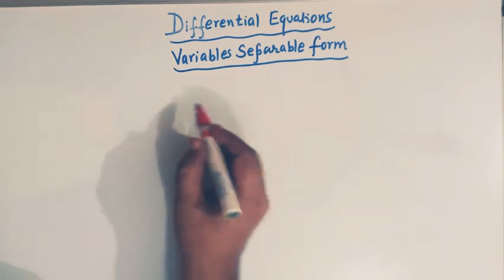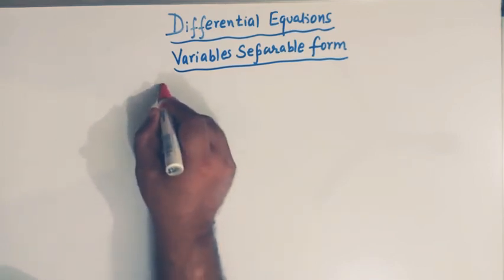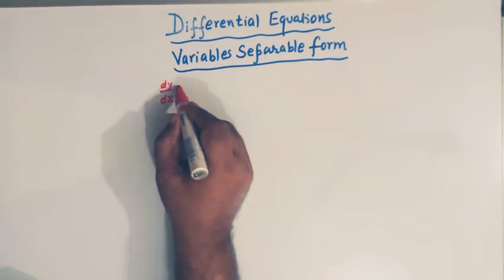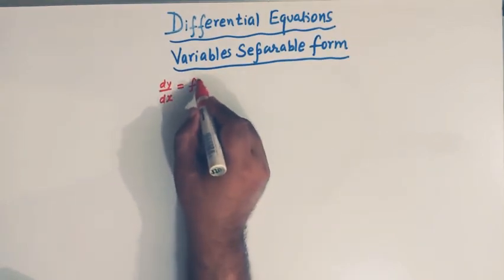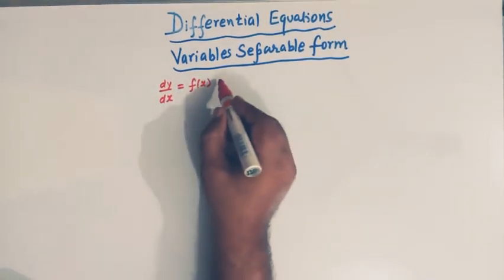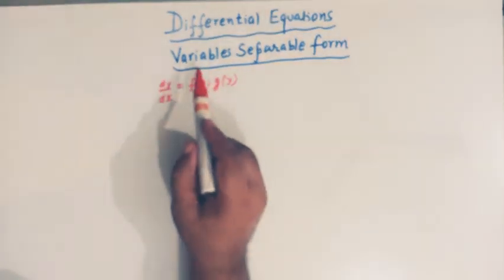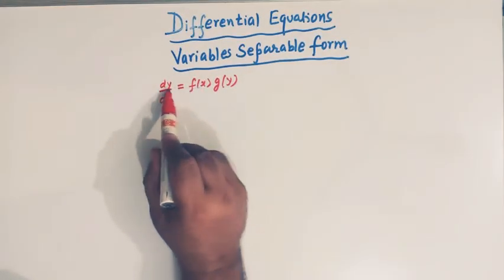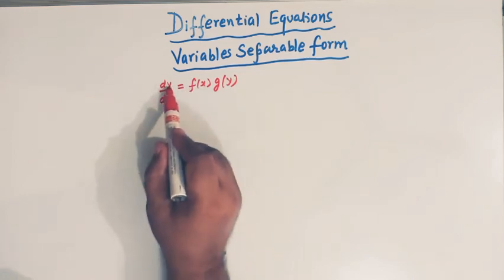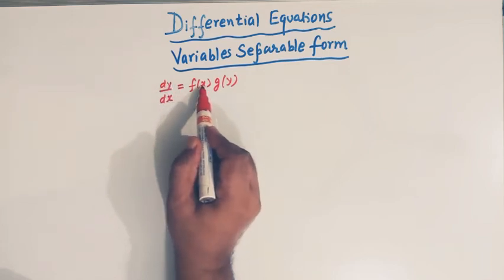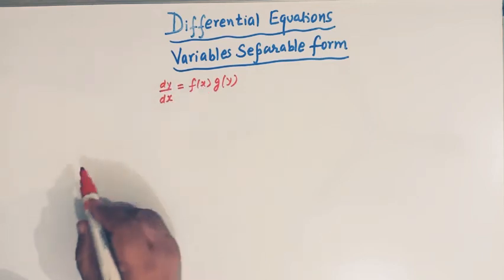Now we know that if we have a differential equation of this form, dy over dx is equal to f(x) times g(y), then here we have the variables x and y, and y is known as the dependent variable and x is known as the independent variable.